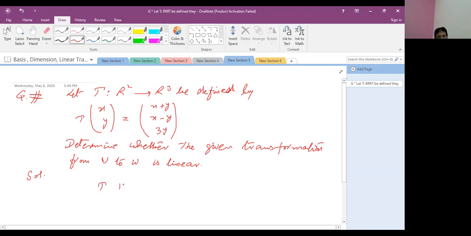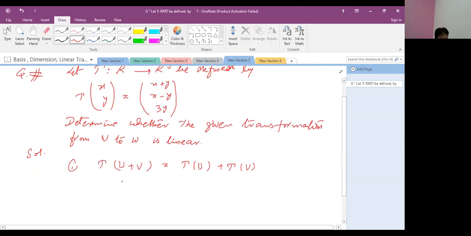T of U plus V is equal to T of U plus T of V. This is the first property. Now, applying the first condition, let U be represented by (x1, y1) and V by (x2, y2), for example.